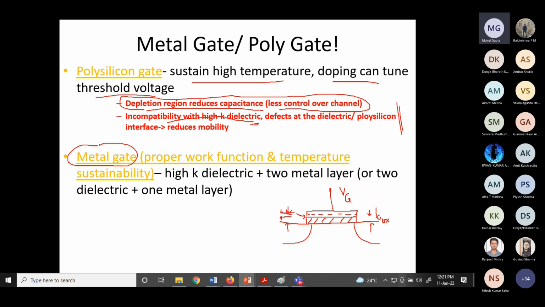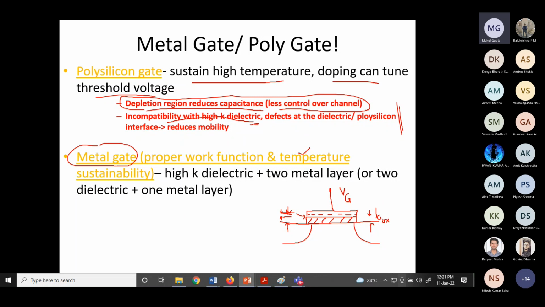You have to use a metal which can sustain high temperature. Otherwise you have to go back to the gate last approach, and in the gate last approach it is difficult to reduce the dimension of the MOSFET. We discussed that in the last class. So if we have to use a metal, we have to make sure that we are doing the gate first approach.